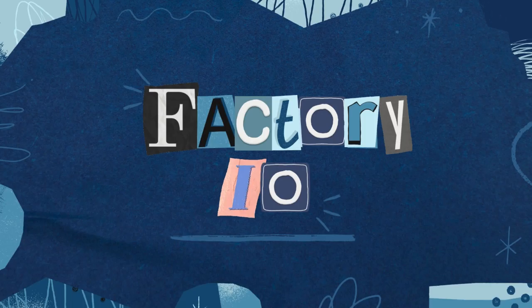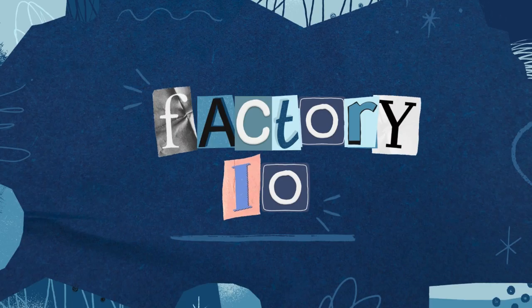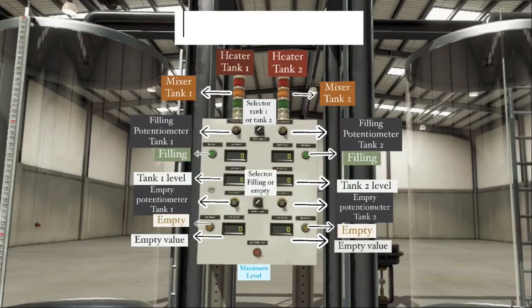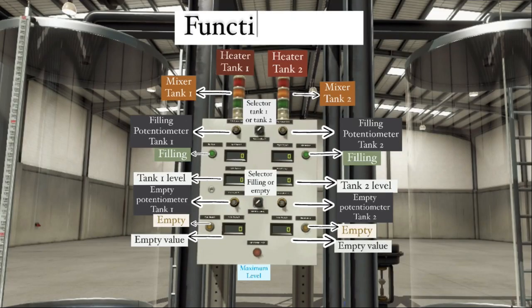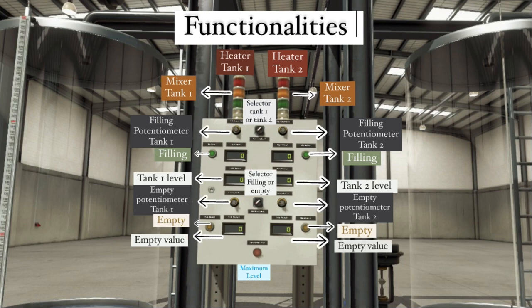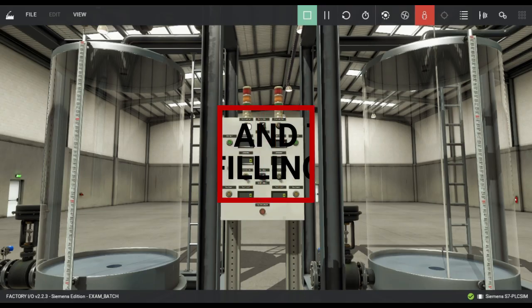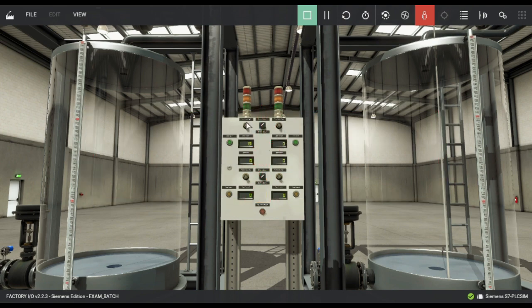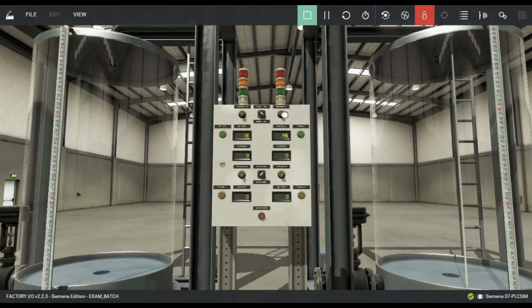Regarding Factory IO, the functionalities of each part are first shown. This part shows how tank 1 and how tank 2 are filled to their respective levels.